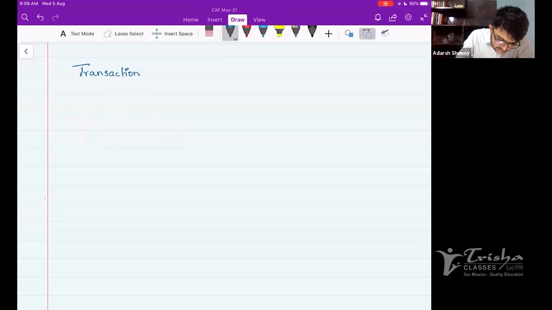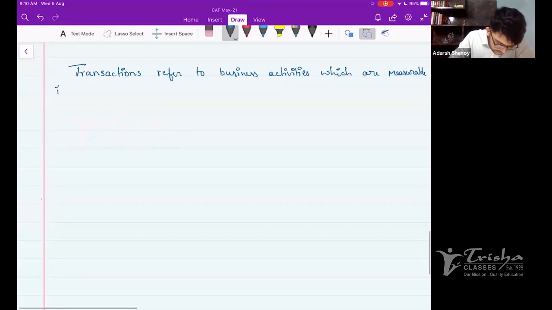Transactions refer to business activities which are measurable in terms of money.